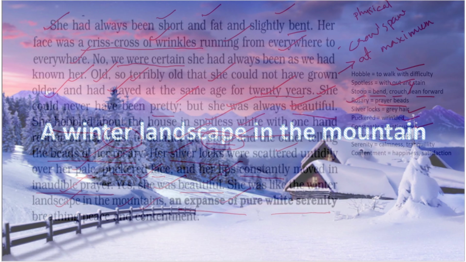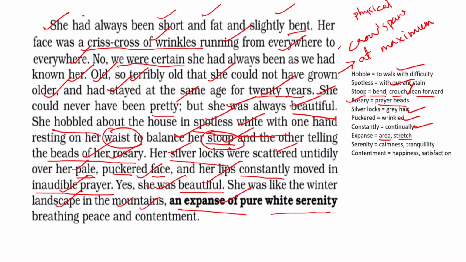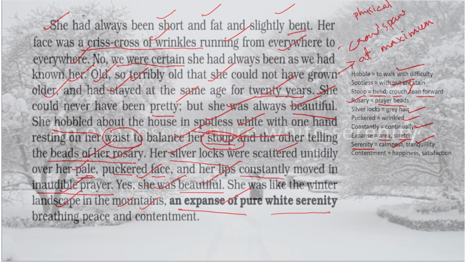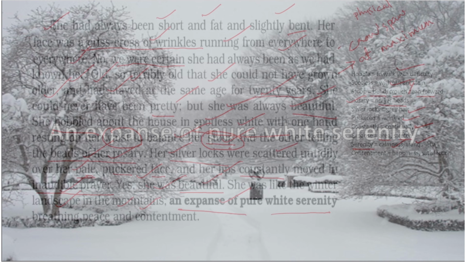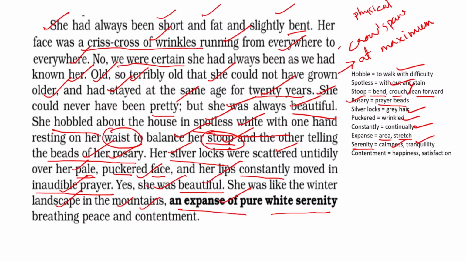Expanse here means a stretch or an area, that expanse of pure white serenity. Serenity means calmness or tranquility. A stretch of calmness, a stretch of tranquility, or a stretch of peace, breathing peace and contentment. That landscape is always breathing peace and contentment.